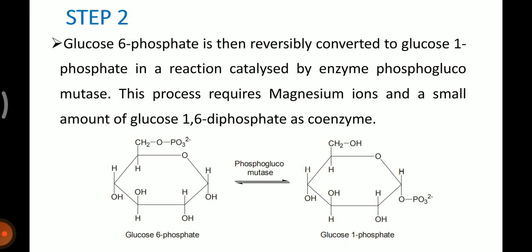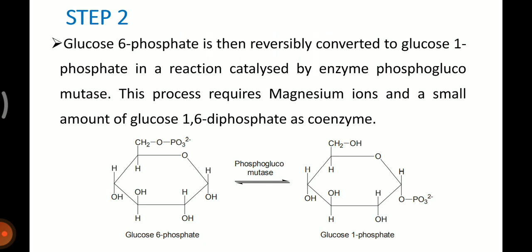After the conversion to glucose 6-phosphate, the molecule undergoes mutation by using the enzyme called phosphoglucomutase. Mutation in the sense, glucose having the phosphate group in the 6th position is changed into the 1st position.